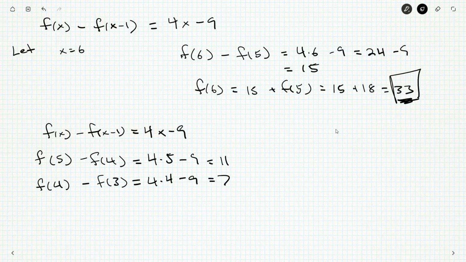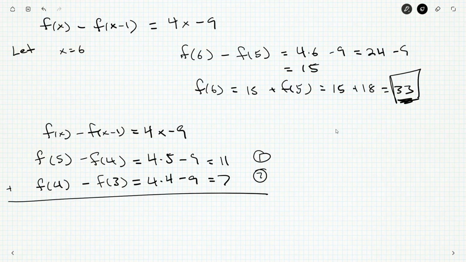Okay. So now I could rearrange this equation for f of 3 in terms of f of 4, and then rearrange this equation for f of 4 in terms of f of 5, which I do know. Or I could label these two equations and add them. Okay, 11 plus 7, that's going to be 18.